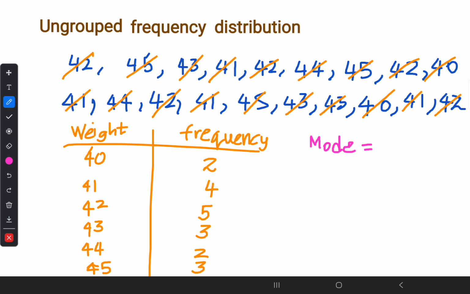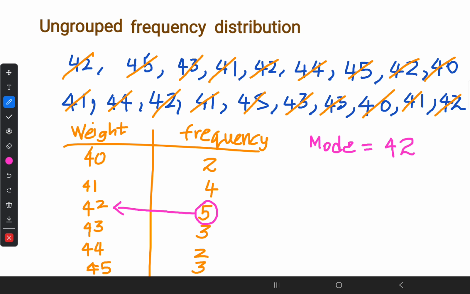You have to find which one has the highest frequency. That would be our mode. For the weights of these students, 5 is the highest frequency. This belongs to the weight of 42 kilograms. So the mode of this ungrouped data distribution is 42.